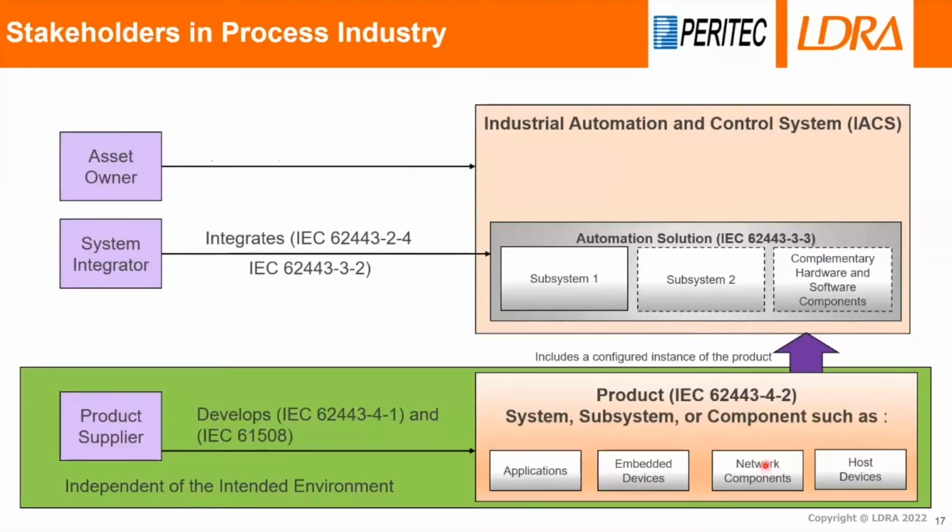So the asset owner basically operates all these systems, and different parts of IEC 62443 are being followed by the system integrator as well as the asset owner. So we as embedded developers are mostly concentrating on the product supplier, where we need to follow IEC 62443 part 4-1 and part 4-2, which defines the secure software development lifecycle activities.